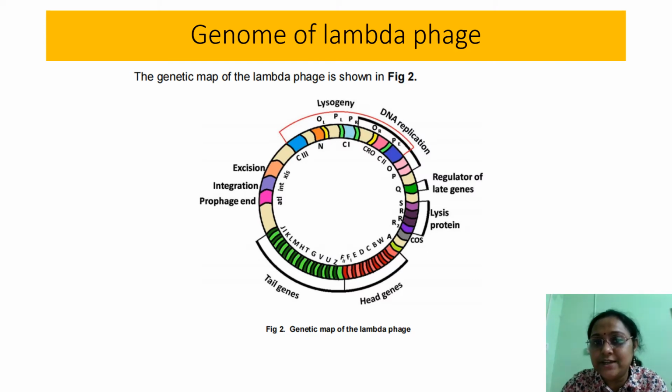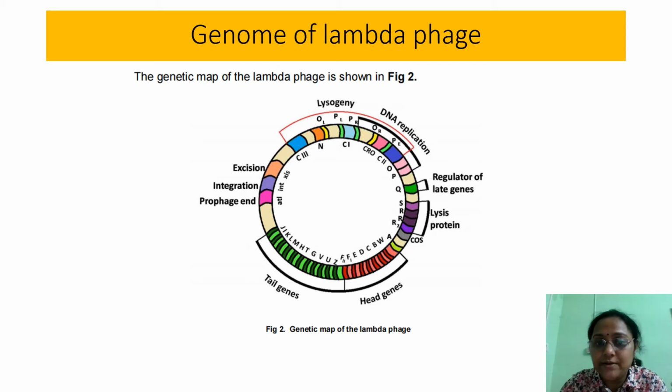Whereas the genes for DNA replication, the genes for lysogeny, and also the excision, integration and prophage genes are all required for the lysogenic cycle. And the genes for lysis proteins, the cos site and the regulator of late genes, so these lysis protein genes are required for the lytic cycle.